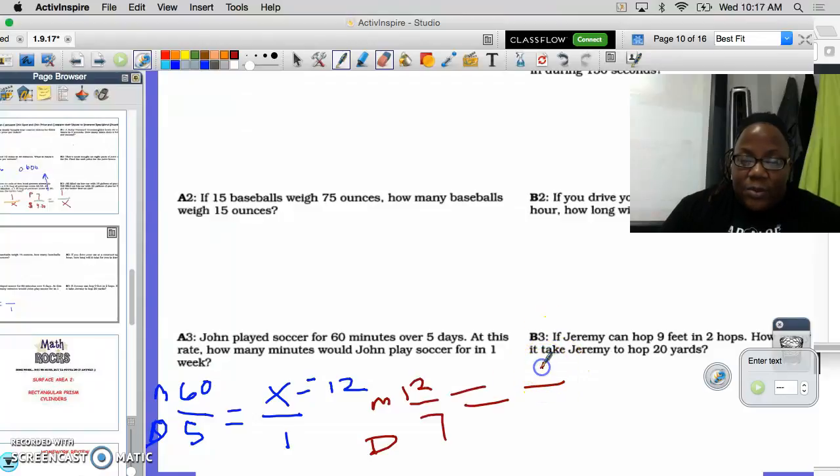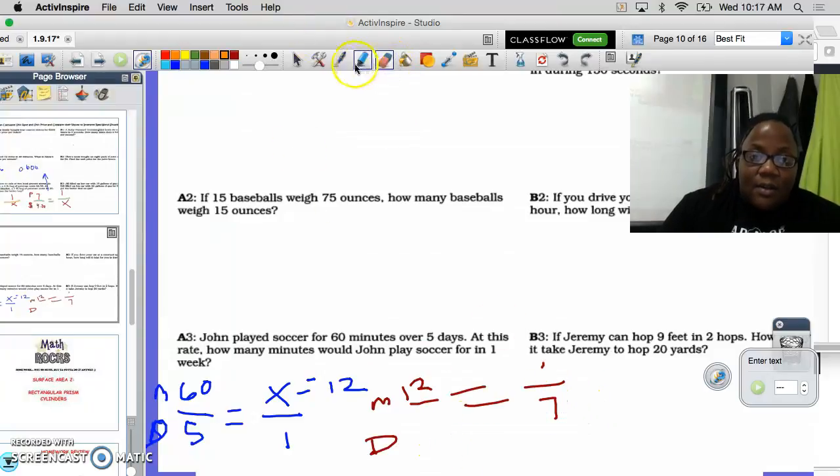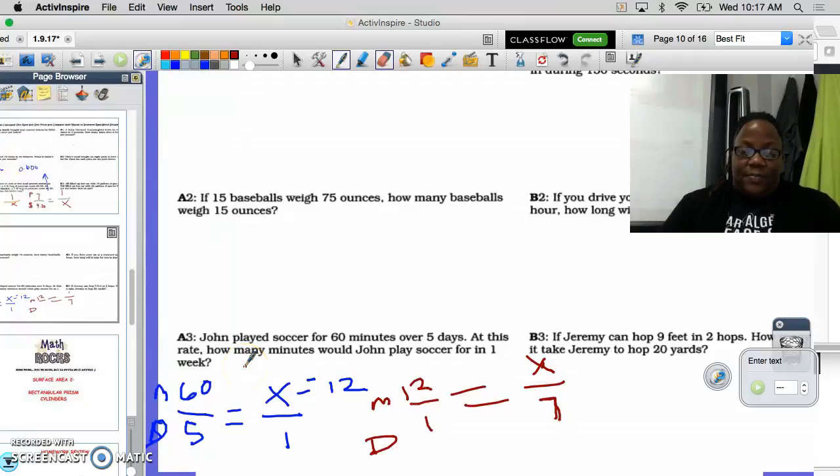And how many minutes would he play? 12 minutes for 1 day. How many minutes for a week? Now you can cross multiply divide. So 12 times 7, of course, divided by 1, you would get 84. There it is. So how many minutes for a week? That would be 84 minutes.